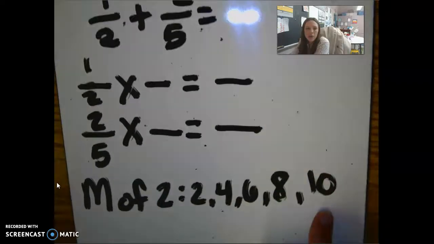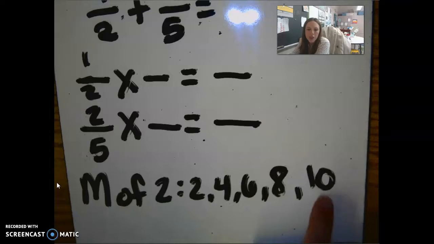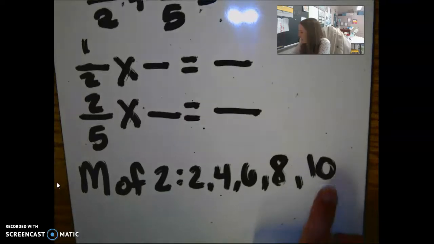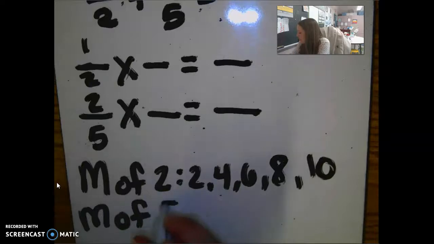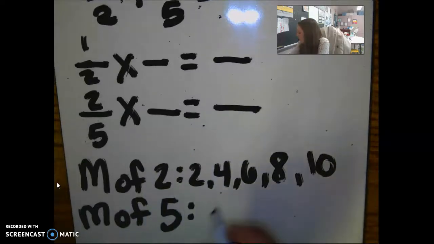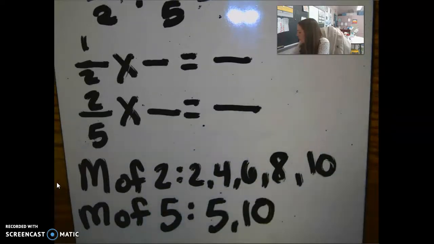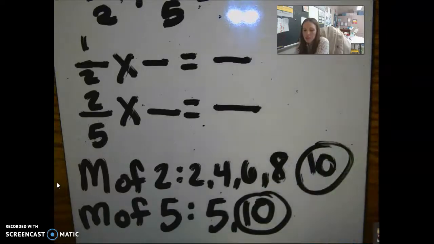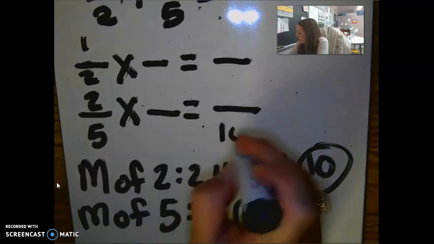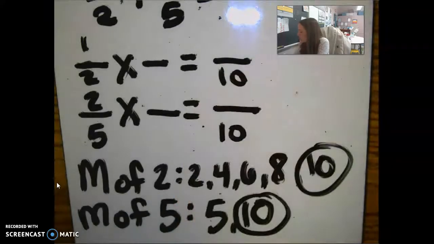I'm already getting a familiar sense because I know my other number is 5, and I know that 10 is a multiple of 5. Let's write my multiples of 5. 5, 10. So I've already reached the least common multiple, okay? So I know that 10 is going to be my common denominator.